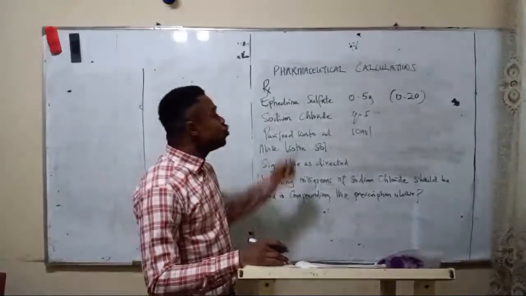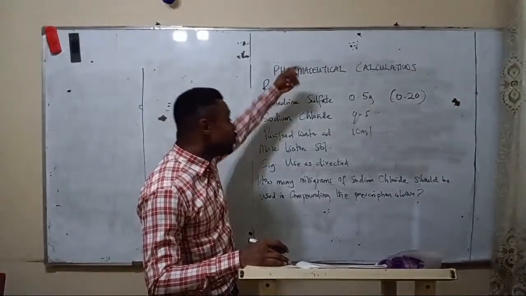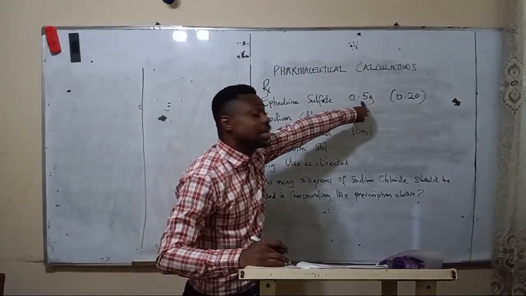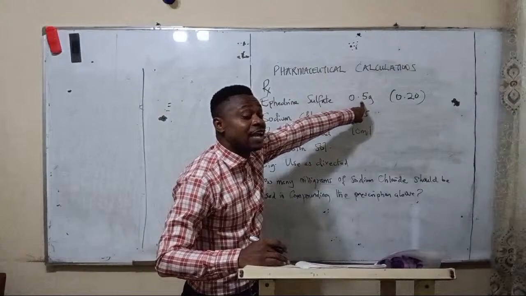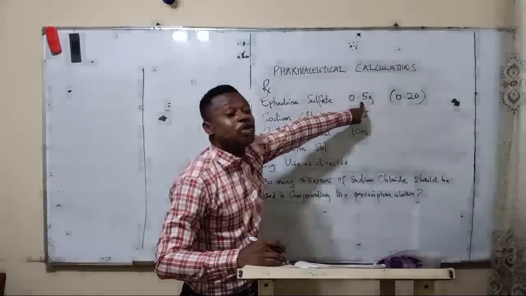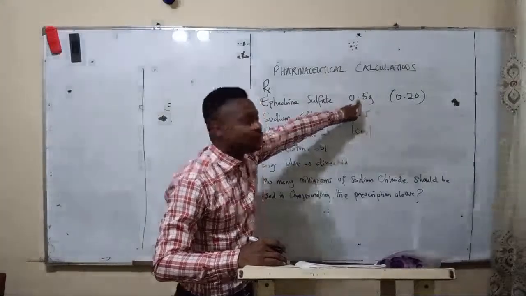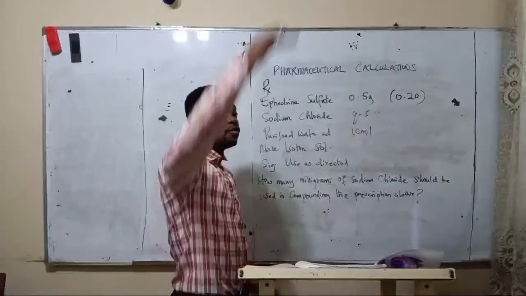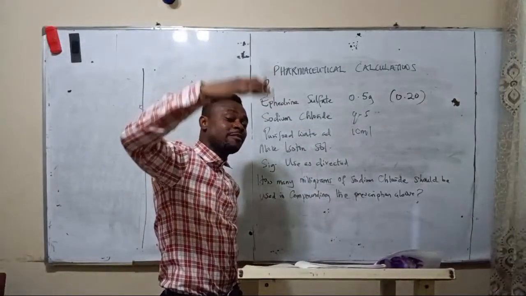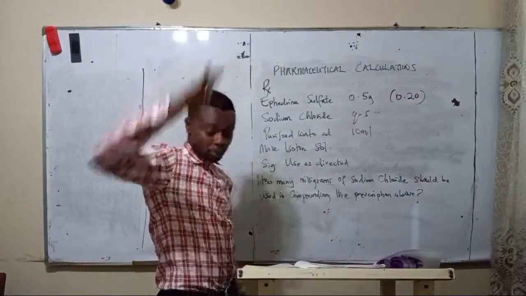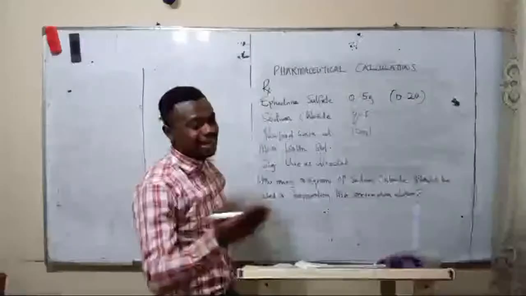Now, you move this ephedrine sulfate to sodium chloride, and see the amount of sodium chloride represented by this 0.5 gram of ephedrine sulfate in 10 ml. Then bring down that 0.9 gram of sodium chloride in 100 ml to 10 ml: 0.09 gram.